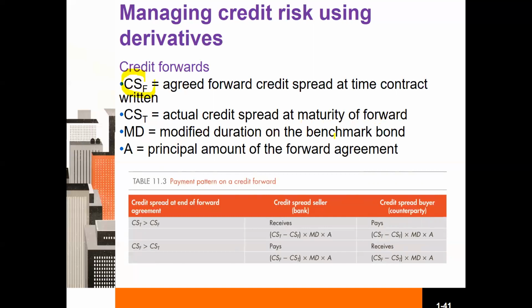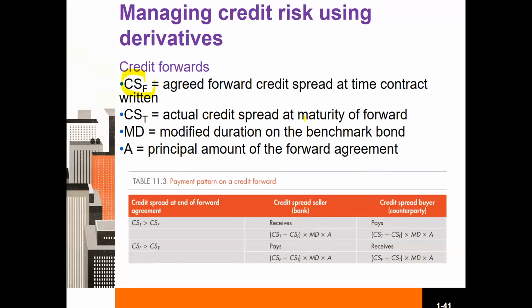MD is the modified duration of the benchmark bond, and A is the principal amount of the forward agreement. Now what's happening is, say you are an investor investing in a triple B rated bond, for example, and let's say that the yield you are expecting is 5%, and the interest rate on a Treasury is 3%, for example.